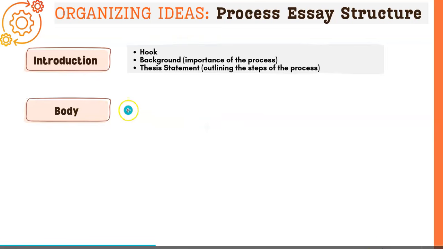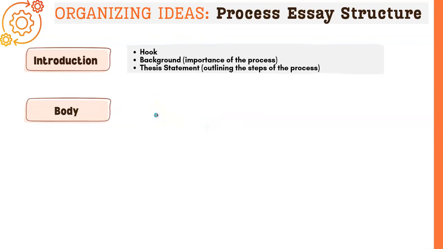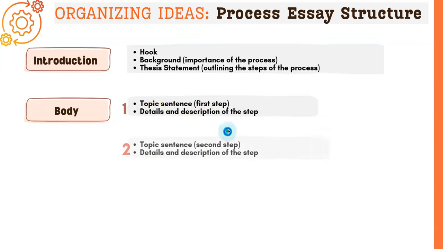Now, next we have the body paragraphs. We will be writing 3 body paragraphs. What should each body paragraph include? The category or the group or set of steps leading to the achievement of the goal. So number 1, body 1 will have the topic sentence, of course, starting with the transition and then the details that describe that step.